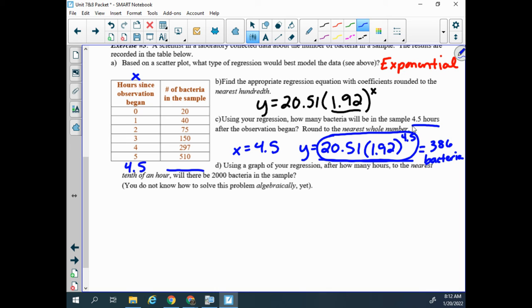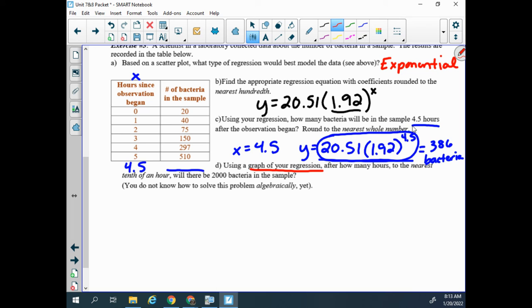The next one says, using a graph of your regression, after how many hours to the nearest tenth of an hour will there be 2,000 bacteria in the sample? So this one is kind of tricky. I'm trying to see when does it grow to 2,000, and I'm trying to use a graph here because we haven't learned how to solve these algebraically yet.